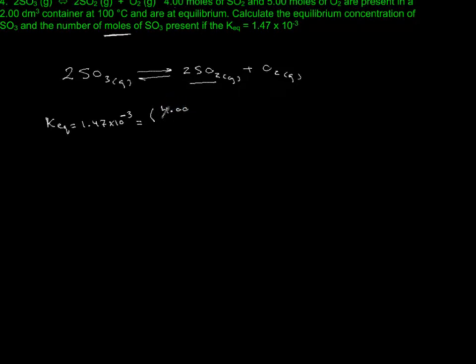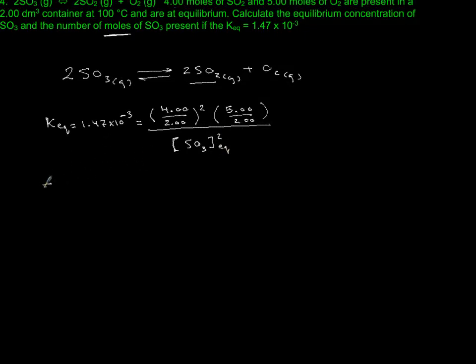So it's 4 divided by 2 squared times concentration of oxygen, which is 5 moles in 2 decimeter cube, so 5 divided by 2, divided by concentration of sulfur trioxide, which we don't have, squared at equilibrium.